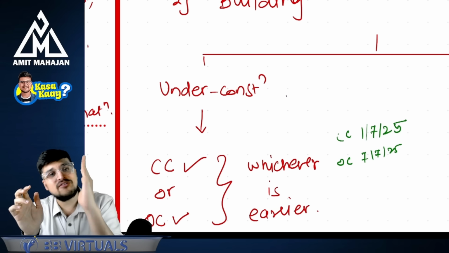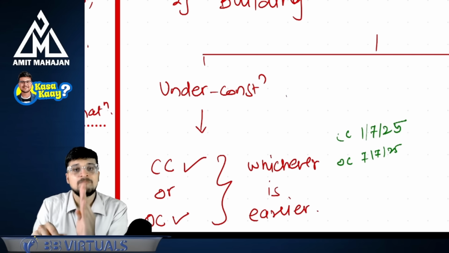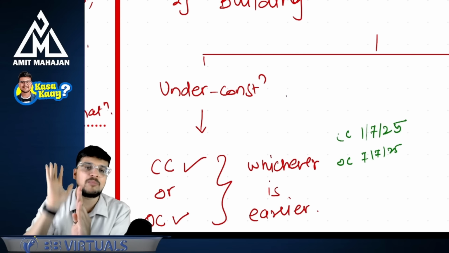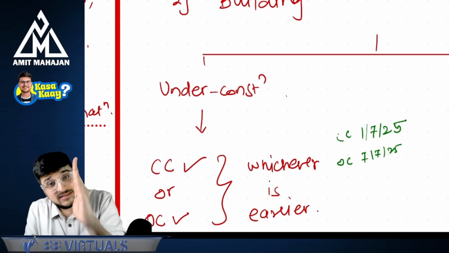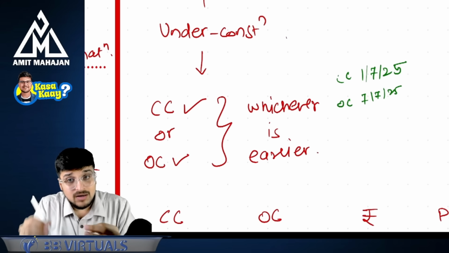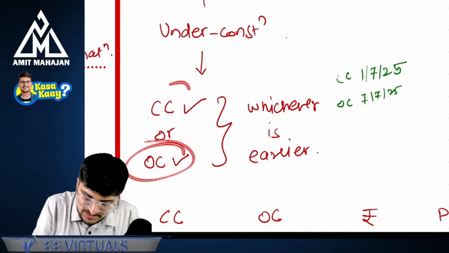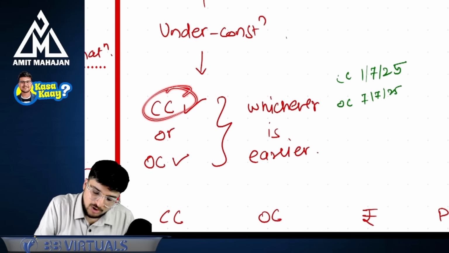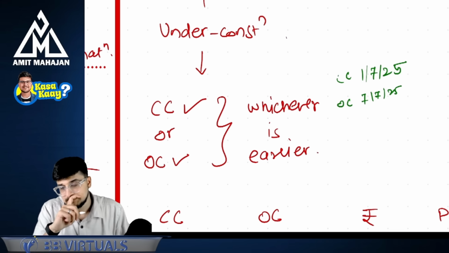So how to identify this date? If you receive the amount prior to this date, supply will be considered. If you make the payment after this date, it will not be considered as supply. This date is the earlier of the completion certificate or the occupation certificate, whichever is earlier.